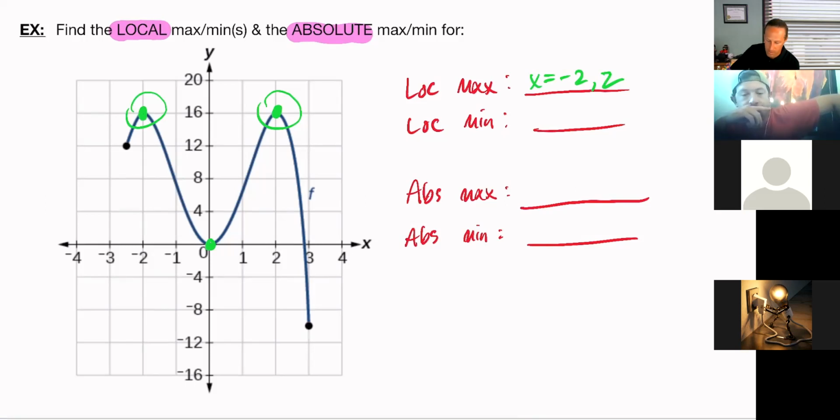How about the local min? Well, we know right there at the origin in that little bubble, it is the lowest point. So at 0 for my x. But as Barrett and a few others were mentioning, how about the absolutes? Should I be including any of these as local?